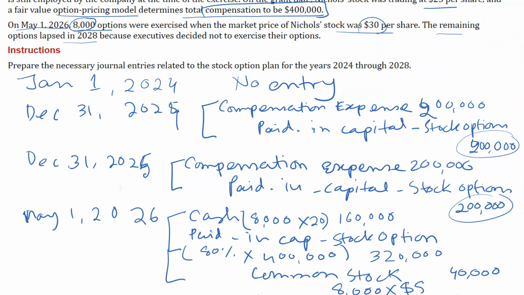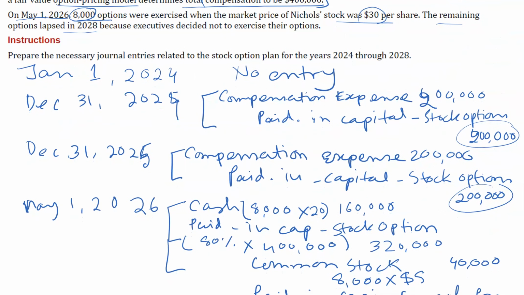Now what happened here? At the end of 2027, the exercisable period finished, and then on January 1st, 2028, we have to record the lapse of the remaining 2,000 options. Currently that option balance is remaining as paid in capital stock option. So we will just recategorize it.